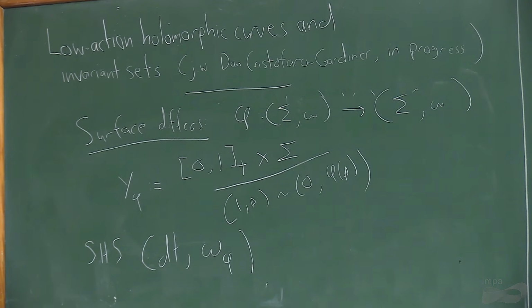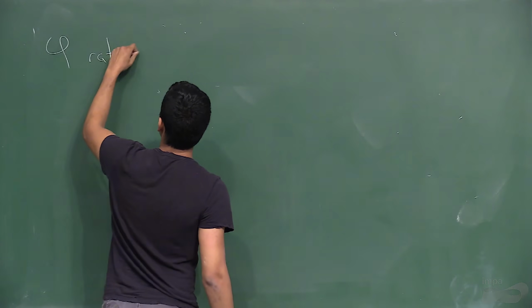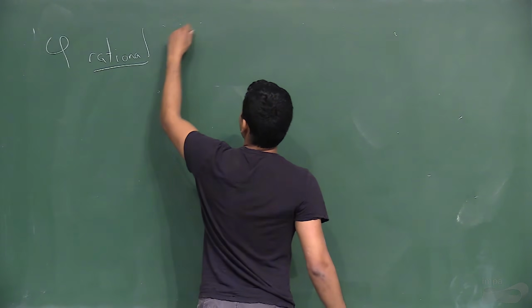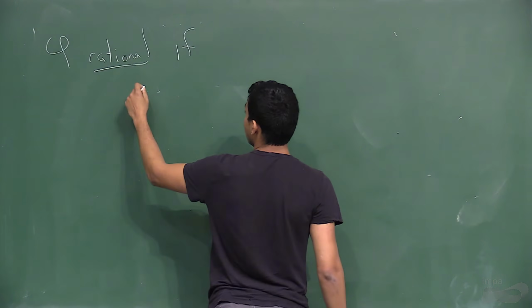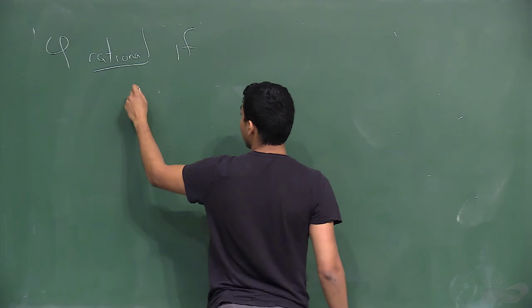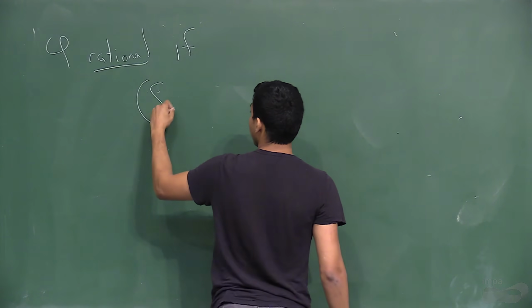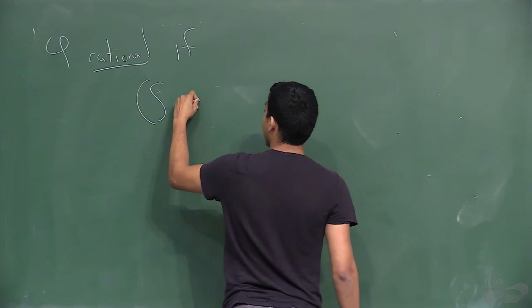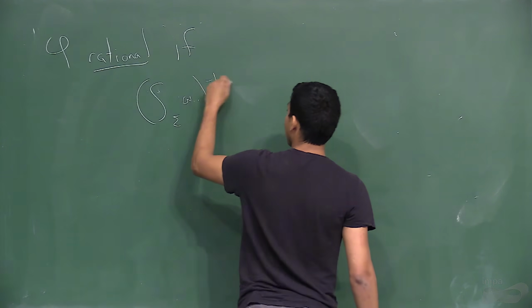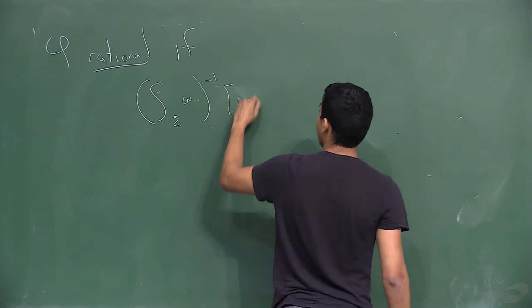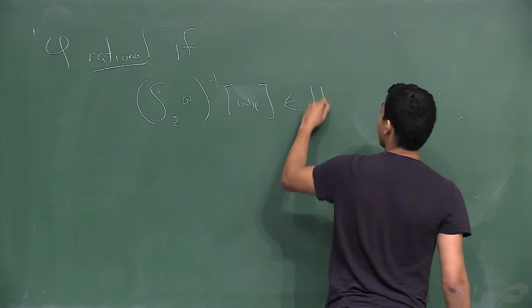Now I'll finally tell you what I mean by a rational area-preserving diffeomorphism. I'm going to say that phi is rational if this two-form satisfies the following condition: if you normalize it by the area of the surface, then it represents a rational cohomology class.